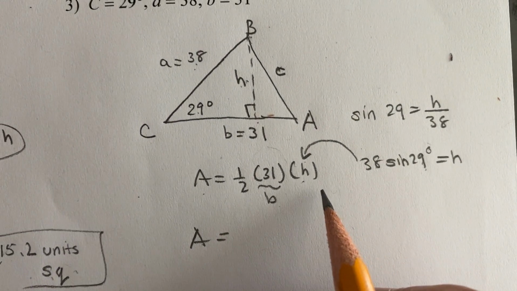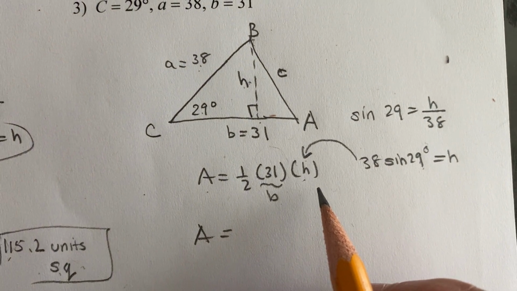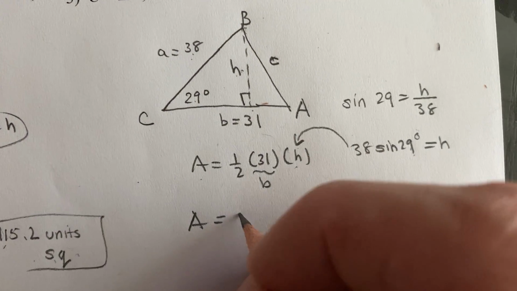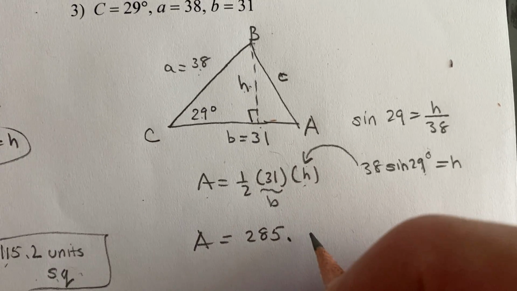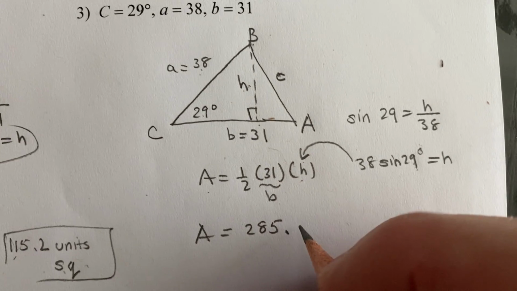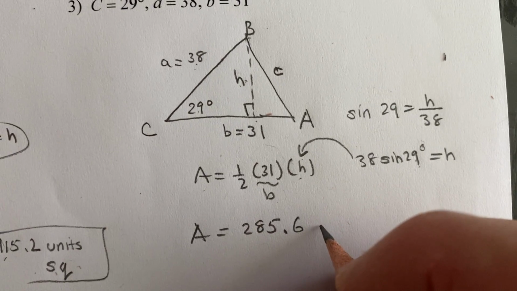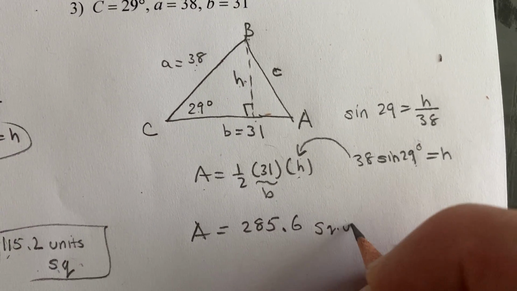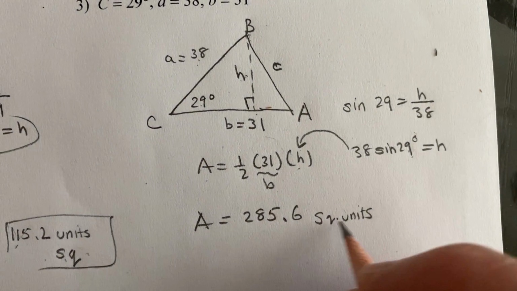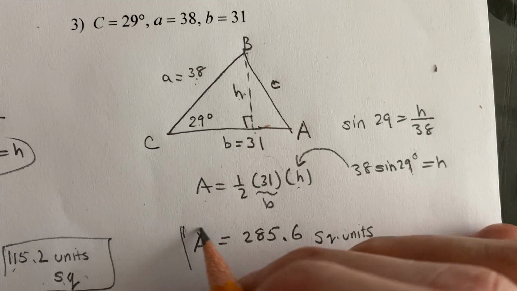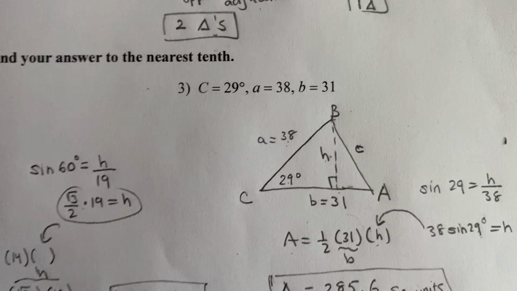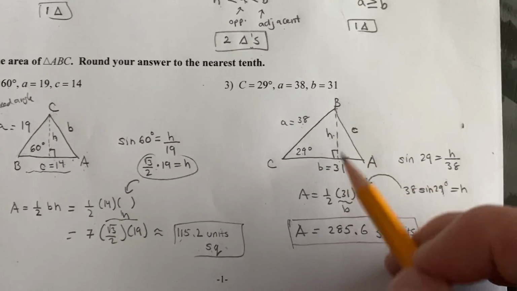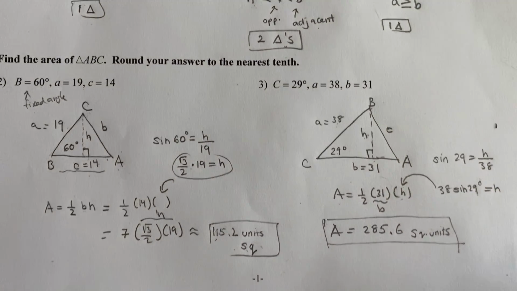So when you multiply all that out using your calculator, I believe you're going to get 285.6 units squared, or square units. Make sure you always write square units if they don't give you units. And that is how to compute the area of a triangle, just dropping down that height and using some right triangle trig.